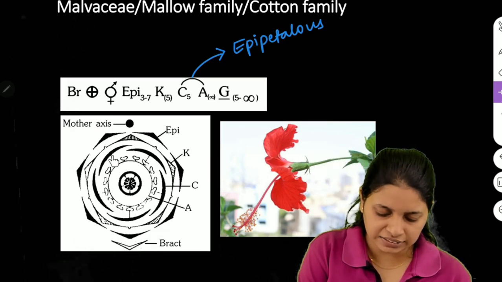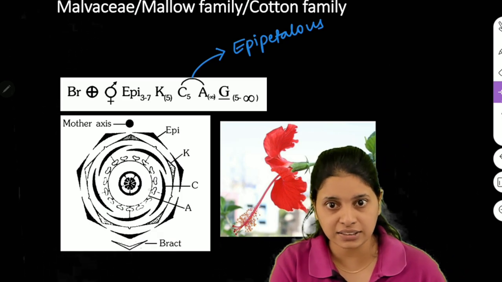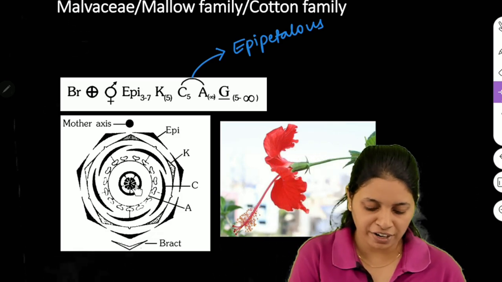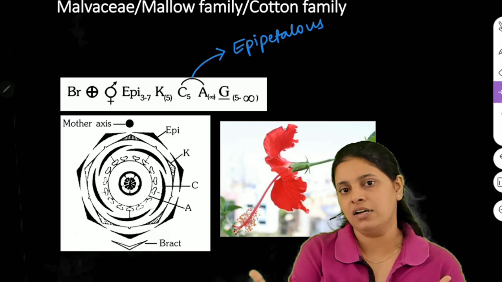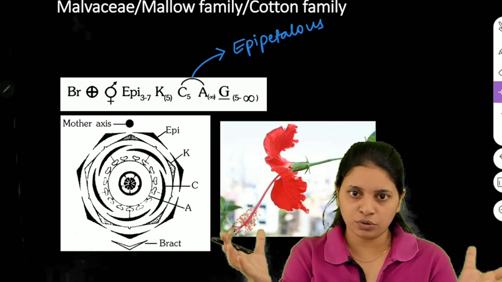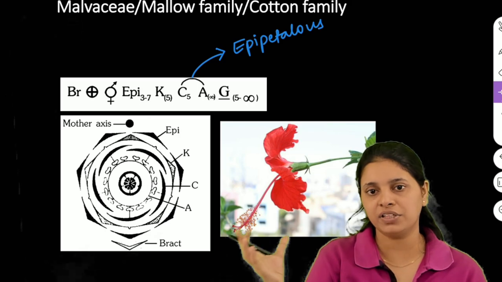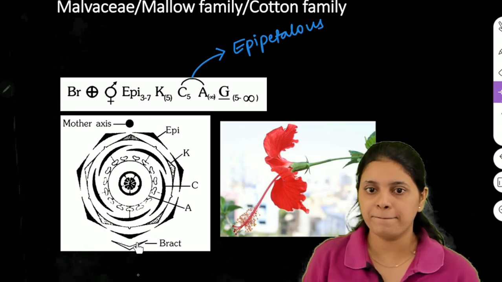What are these lines? These lines represent the epipetalous condition, and in the center you can see the gynoecium, right? 5 compartments because actually there were 5 different ovaries, but all those were fused. So you have 5 compartments now in the fused ovary. Okay, and here outermost we have the bract.